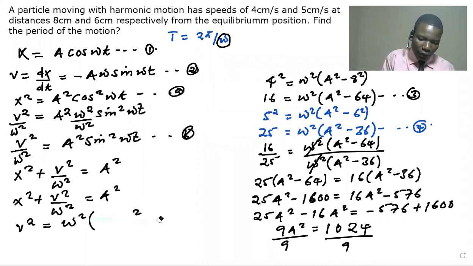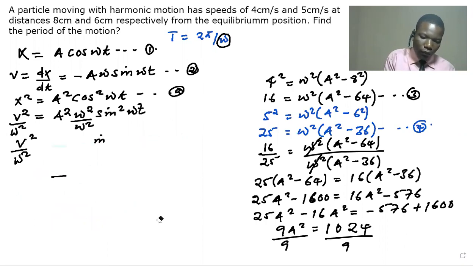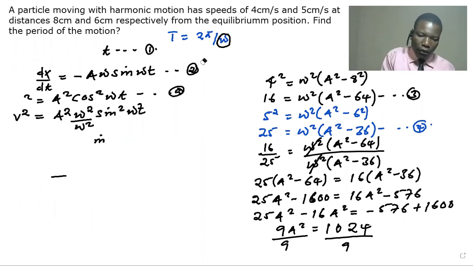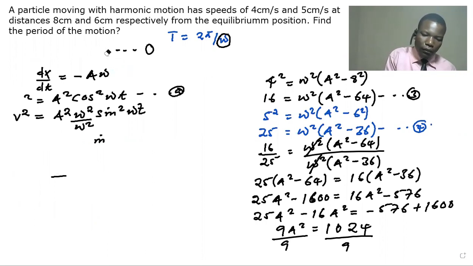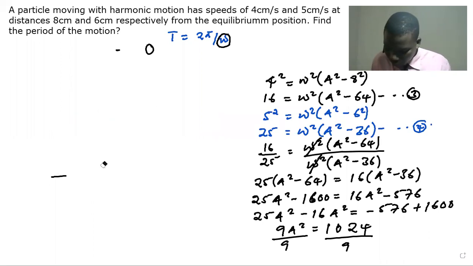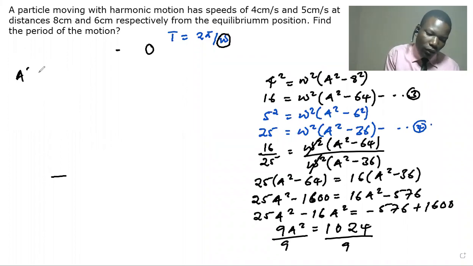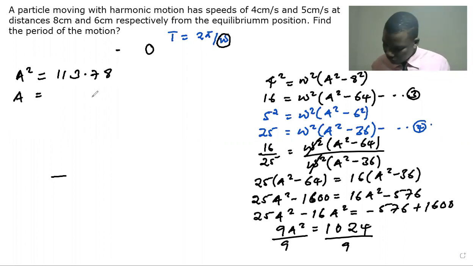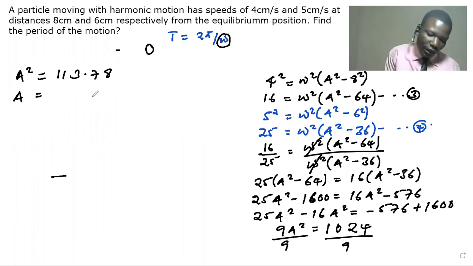So what we get is a squared being equal to 113.78, where a is the root of that, which is 10.7.